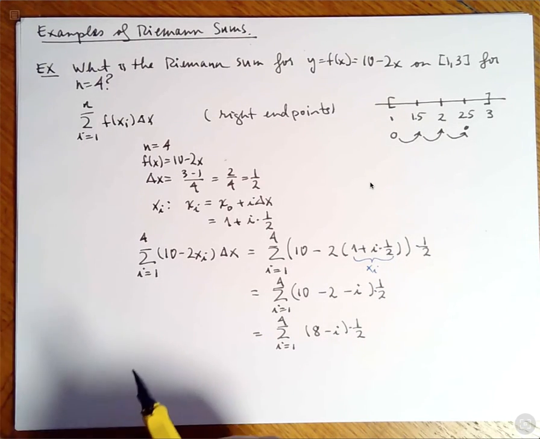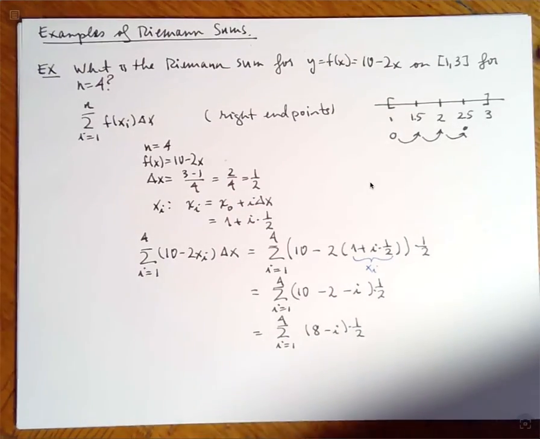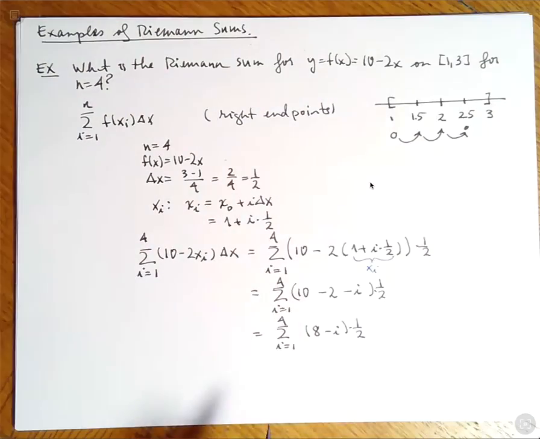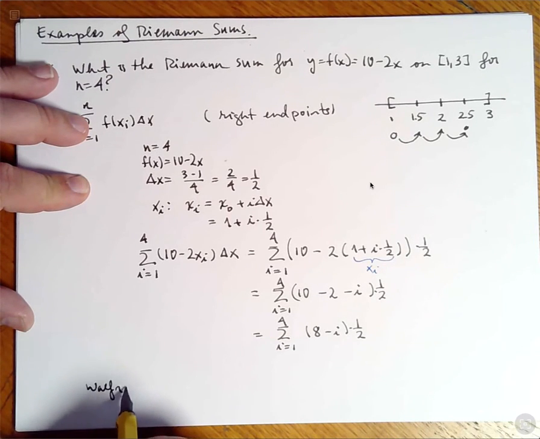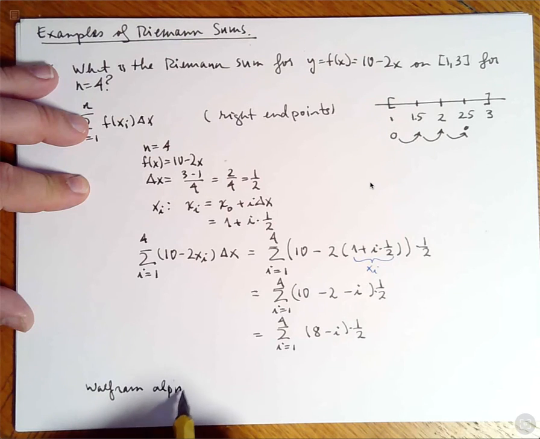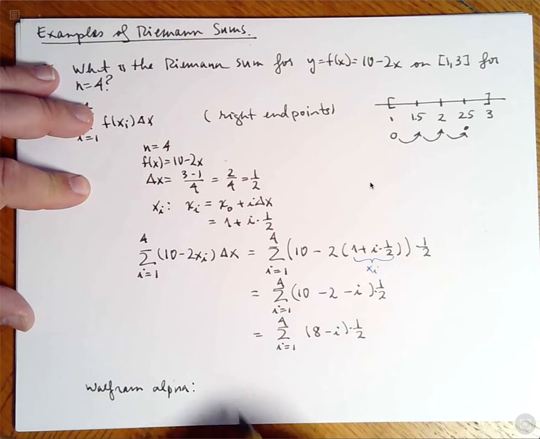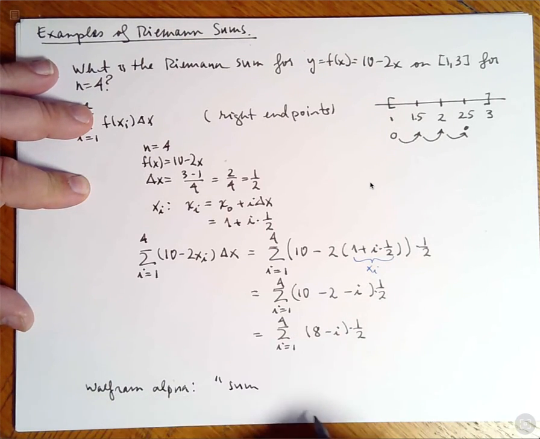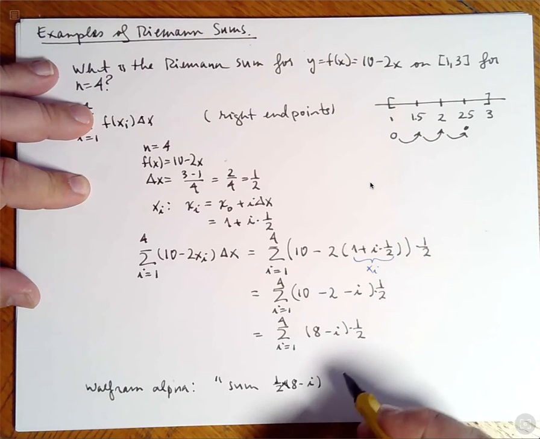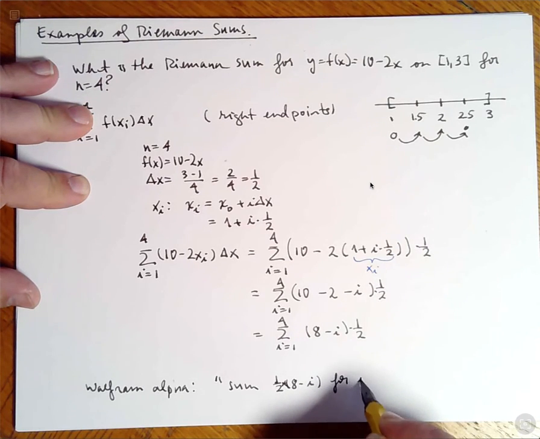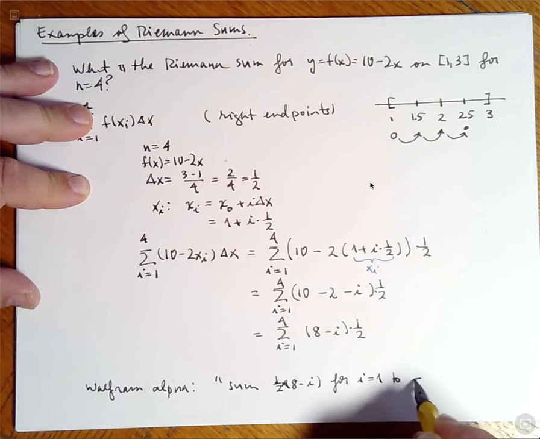Now, how would you go about finding out what this approximate area is? Well, I would just say go to Wolfram Alpha, my favorite online computer, and type in this sum: 1/2 times, make sure you put that times in there, 1/2 times the quantity 8 minus i for i equal 1 to 4.